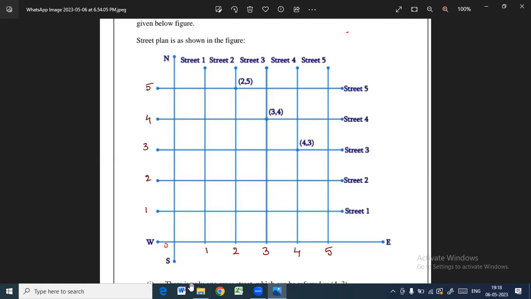There are many cross streets in your model. A particular cross street is made by two streets, one running in the north-south direction and another in the east-west direction.